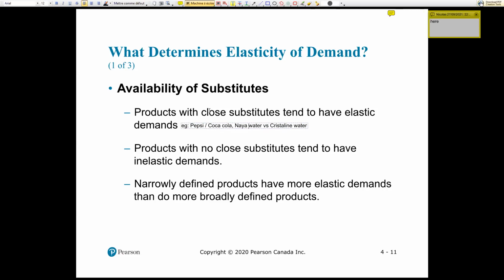So if Naya water is a buck and Crystalline water is a buck, and then for some reason they decide to sell Naya water for $1.50, well, if I can get exactly the same or very close to the same at $1, then I'm just going to pick the $1 bottle. That's what it means to be a close substitute.